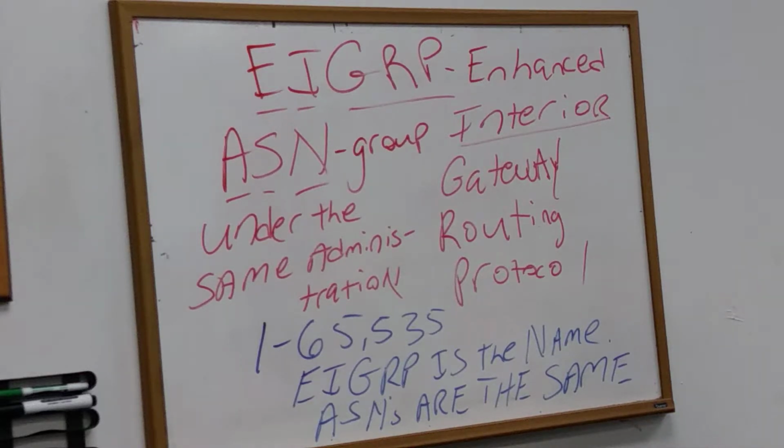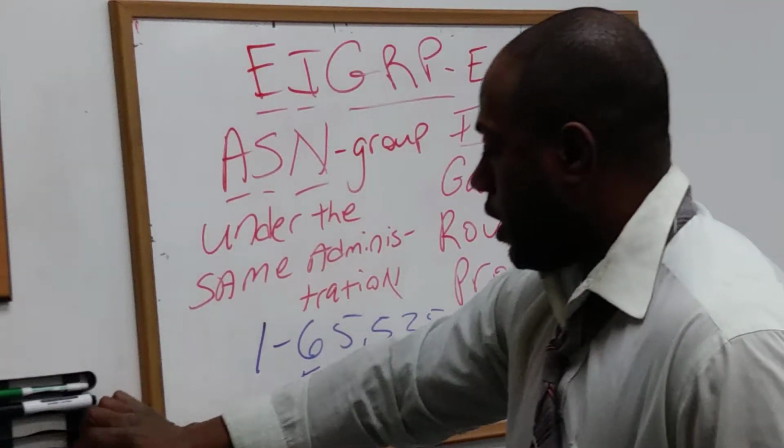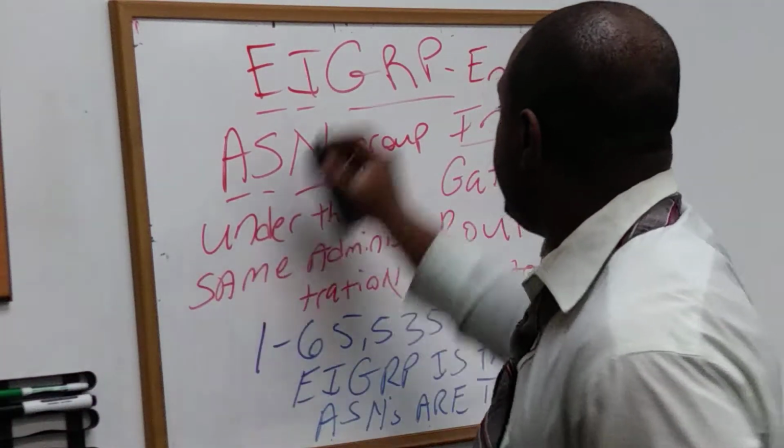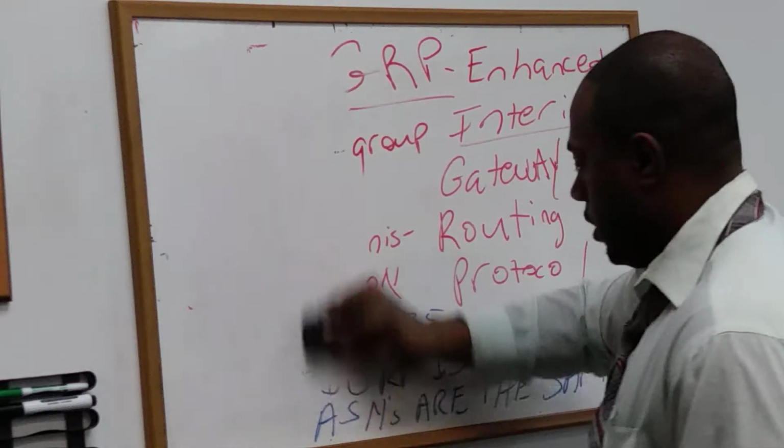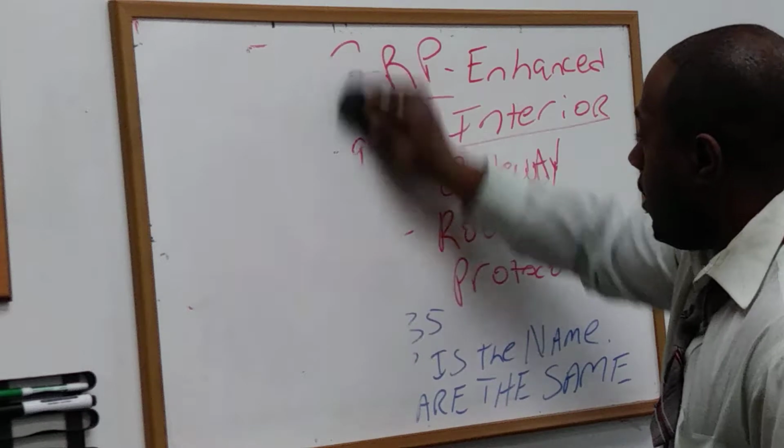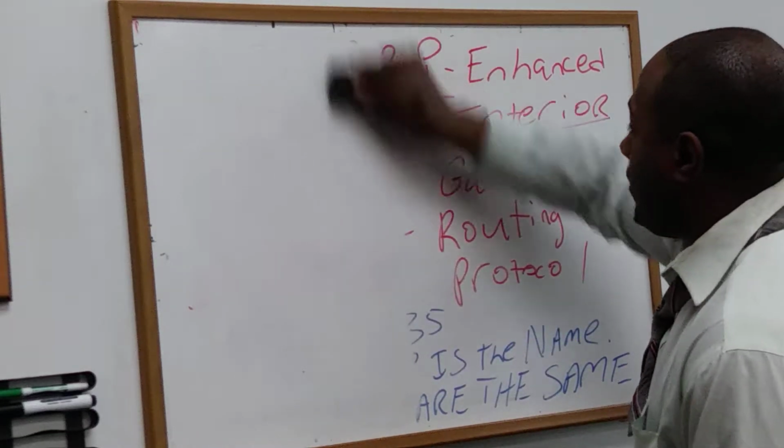We're going to get into what this means in particular. Remember, EIGRP is the name. Autonomous system numbers are the same. Also, amongst EIGRP, the K values have to be the same.